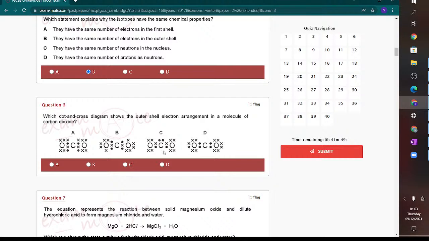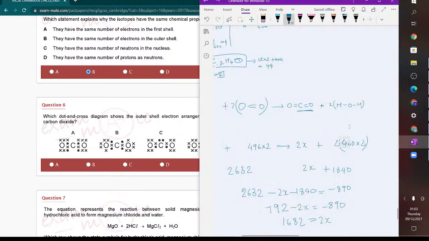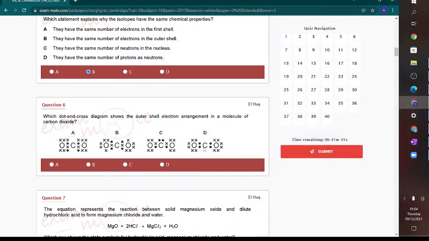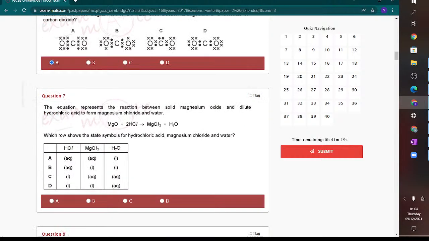As we know, this is carbon dioxide's formula: O double bond C, C double bond O. See, we have a double bond here. 1, 2, 3, 4, 5, 6, 7, 8: oxygen completed. 1, 2, 3, 4, 5, 6, 7, 8 completed, and two bonds here. That's the answer.